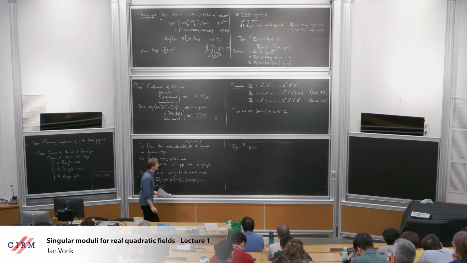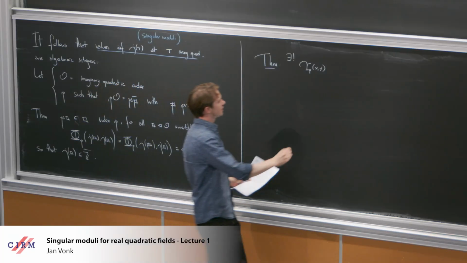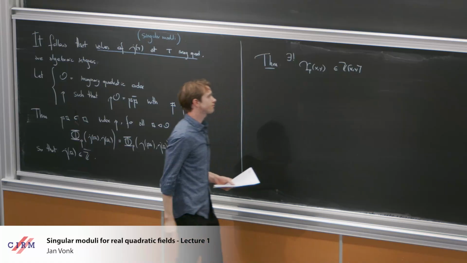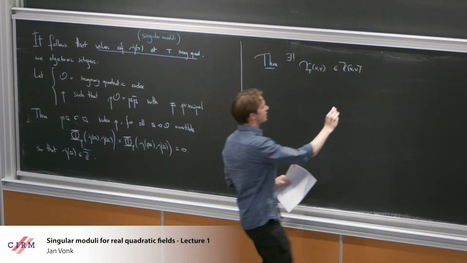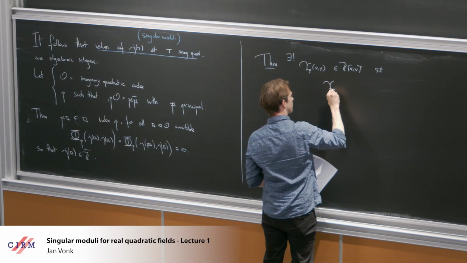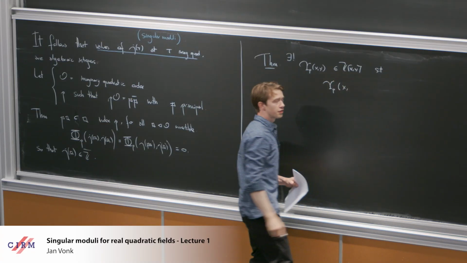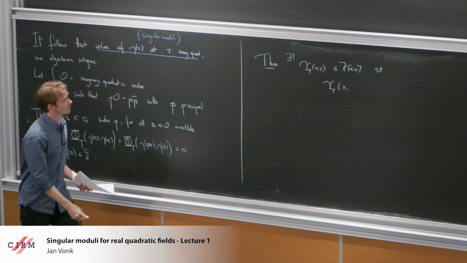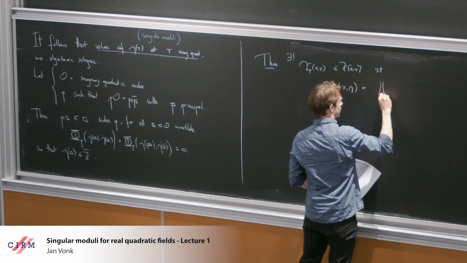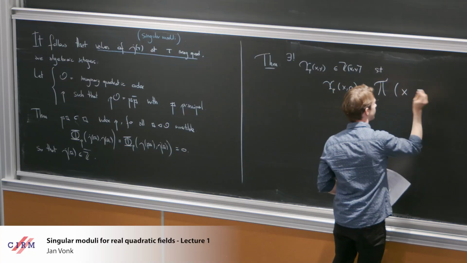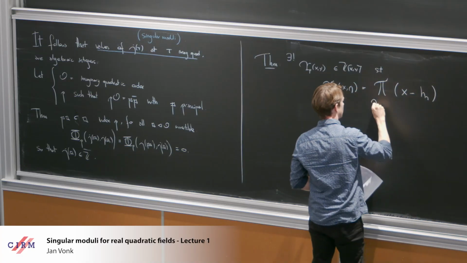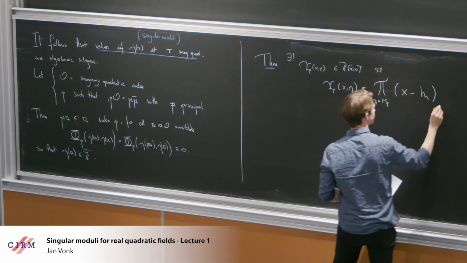So there's a unique epsilon P, x comma y, with coefficients in Z[x, y], such that if I take this epsilon P, and instead of the variable y, I now plug in the J function again, then I get the following polynomial. Product of X minus H gamma, where gamma runs over all of the matrices in MP.